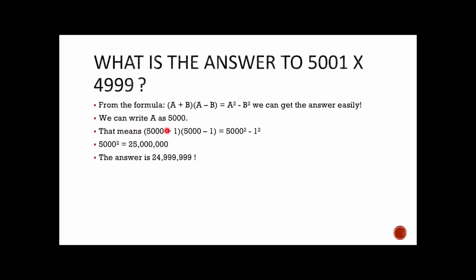So 5,000 plus 1 times 5,000 minus 1 is equal to 5,000 squared minus 1 squared. 5,000 squared is 25 million, 25 with 6 zeros after, just to help you there. So 25 million minus 1 is 24,999,999. Okay, so that's the answer.